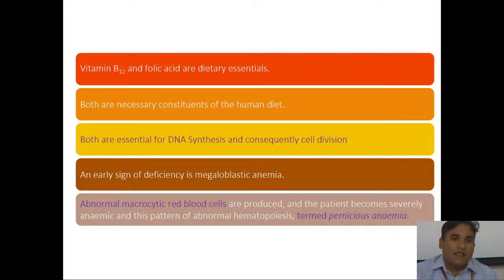The early sign of deficiency is megaloblastic anemia, and pernicious anemia is the other form of megaloblastic anemia, due to chronic deficiency of the intrinsic factor that gets released from the GIT.